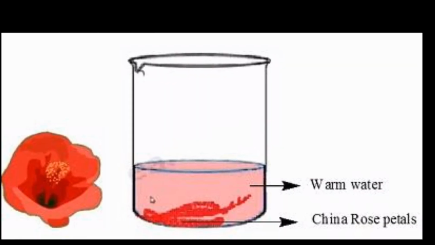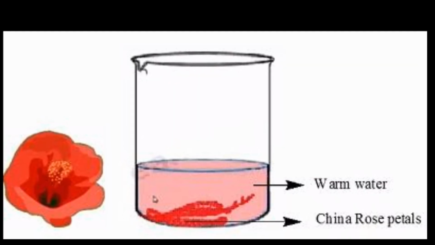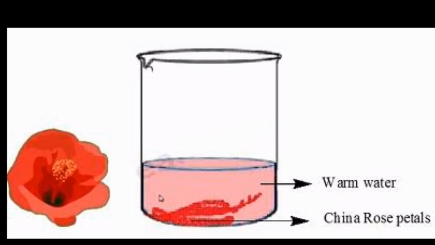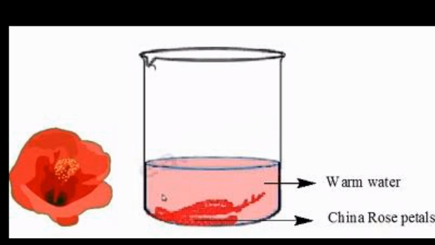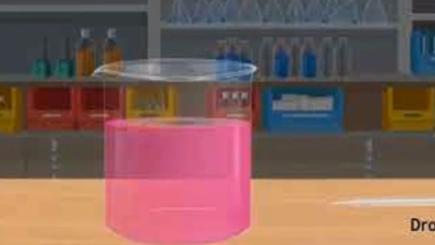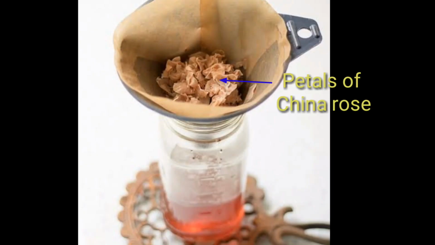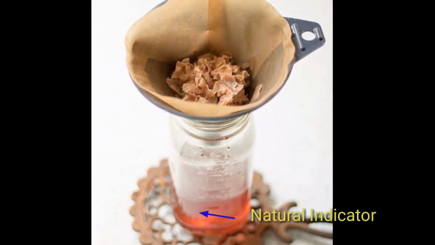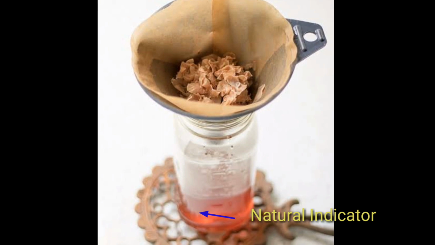Once the petals are immersed, keep it for some time and let the water in the beaker get the color of the petals. That means the water in the beaker will become pink, and after that the petals are removed by filtration. This pink colored solution will act as a natural indicator.